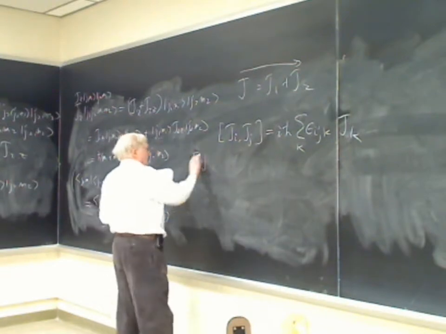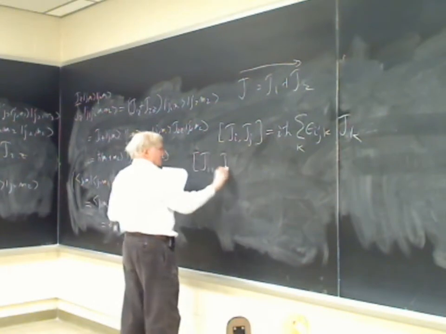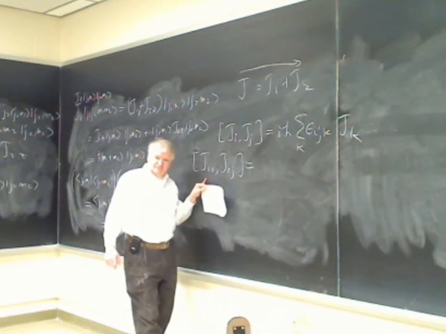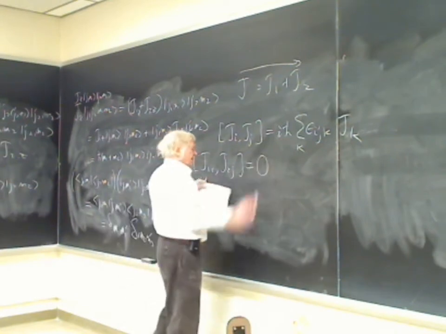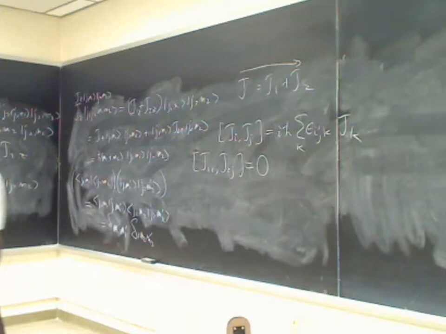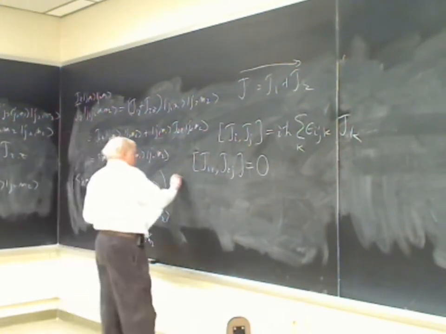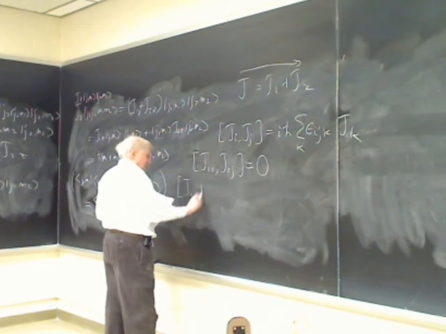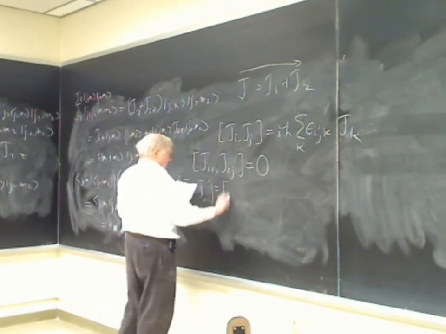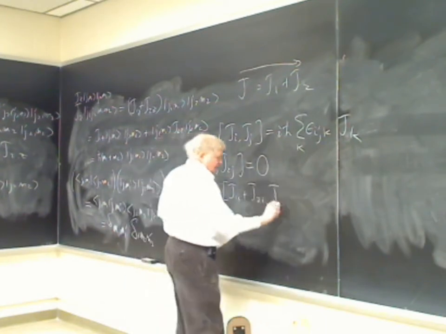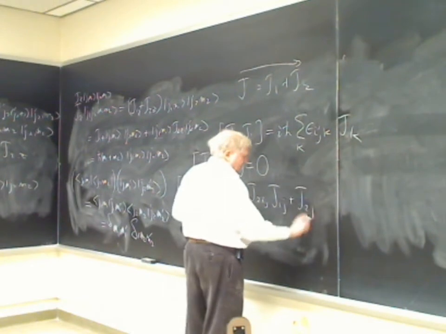Well, we know the commutator of J1I with J2J equals, what would that be? This is 0 because systems 1 and 2 have nothing to do with each other. So those commutators are 0. And so we take then the commutator of Ji, Jj, which is J1I plus J2I with J1J plus J2J.